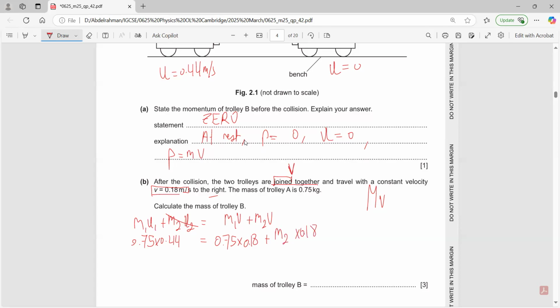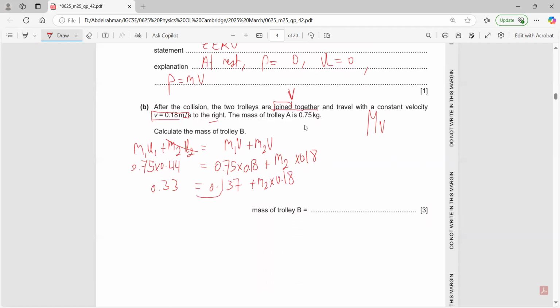Okay, we can do it. It's easy. 0.75 times 0.44 is 0.33, which is equal to 0.75 times 0.18, which is 0.137, plus m2 times 0.18. Again, just subtract 0.137.